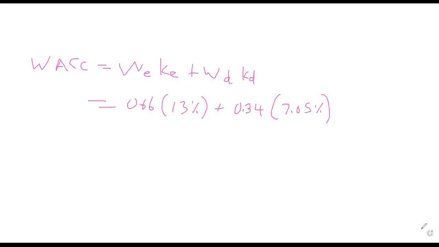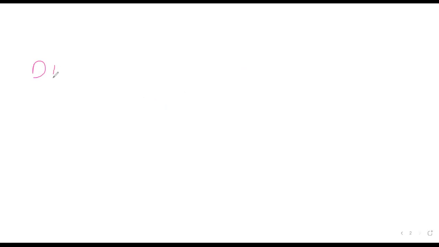And the assumption, we know that debt plus equity is equal to 1. And the debt to equity ratio is 50%. Cross multiply: equity is equal to what? 2D.